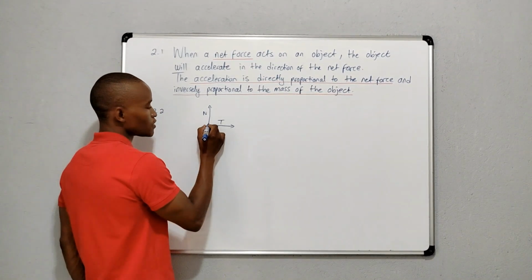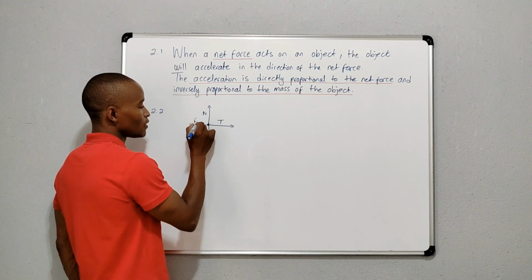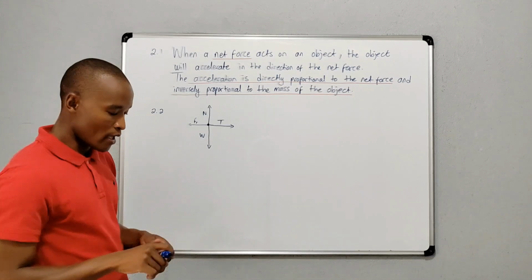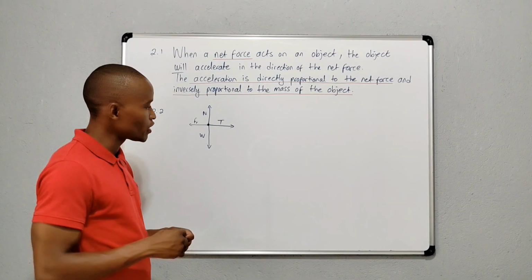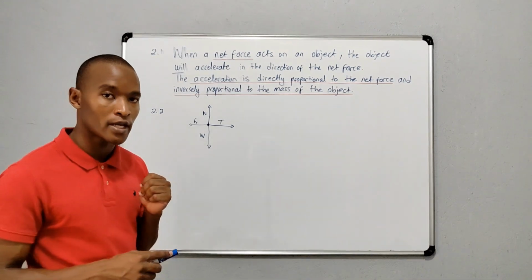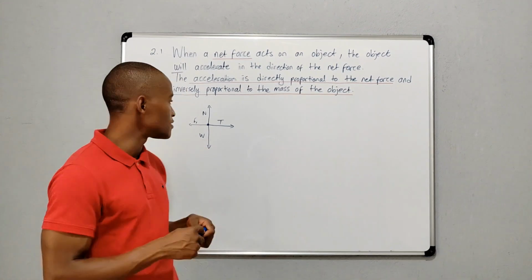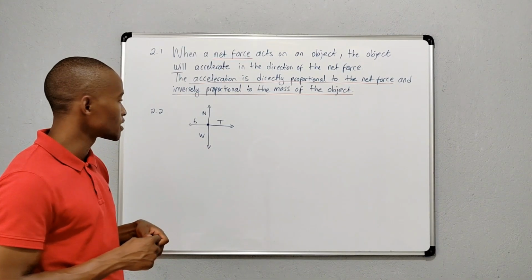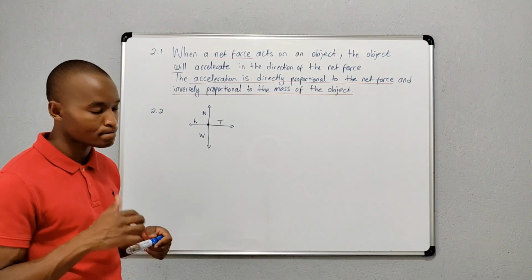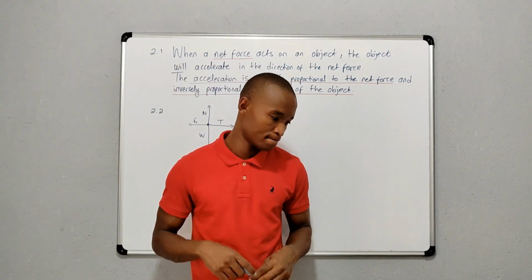So this friction is definitely in the opposite direction of motion. It's a 4-mark question, so we need to see 4 forces for you to get the full 4 marks. So that is the free body diagram of crate P. Good stuff. Let us go to 2.3.